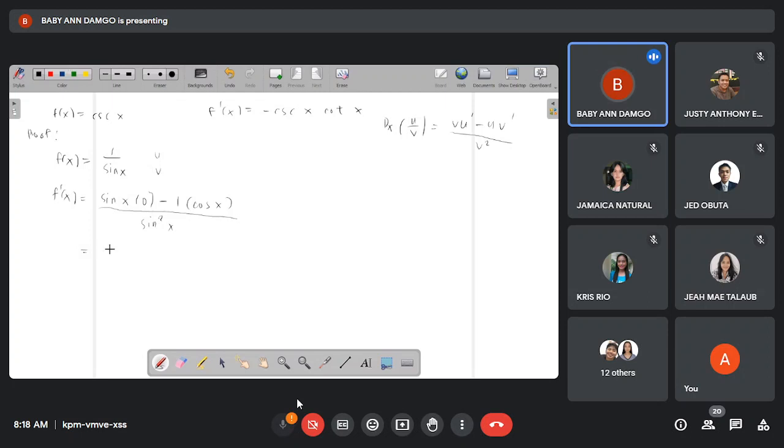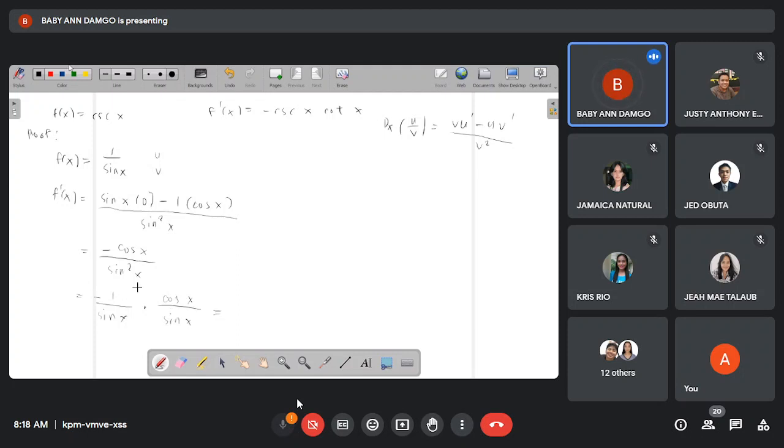Simplify: this is minus cosine x over sine squared x, which can be 1 over sine x times cosine x over sine x.